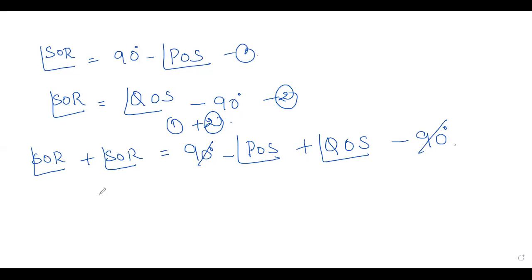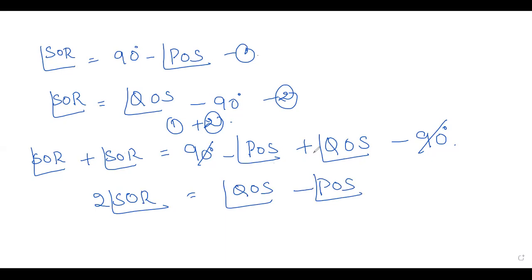So SOR plus SOR, you can write 2SOR, that is equal to angle QOS, write like this, minus POS. The first term is positive, the second is a negative number, and you can write here SOR is equal to, so I'm going to shift this 2 to the denominator, right?